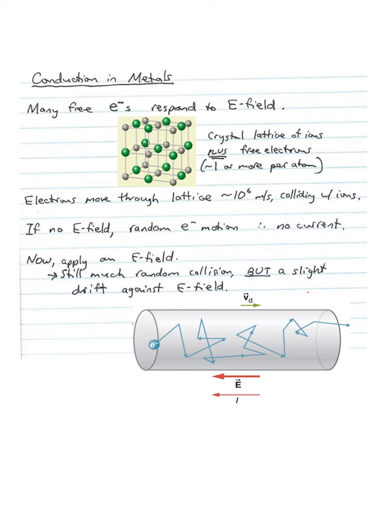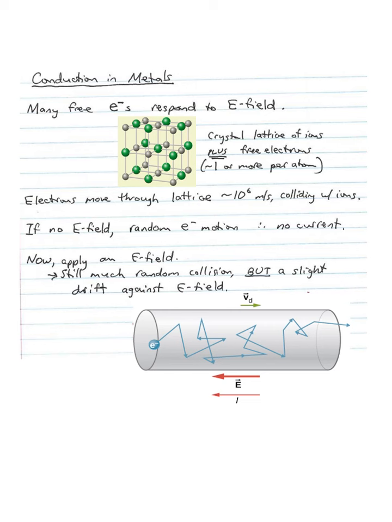Looking microscopically, or continuing to look microscopically, conduction in metals. Metals are good conductors because they contain many free electrons which respond readily to electric fields. Each atom in a metal typically contributes one or more electrons to this sea of free electrons.